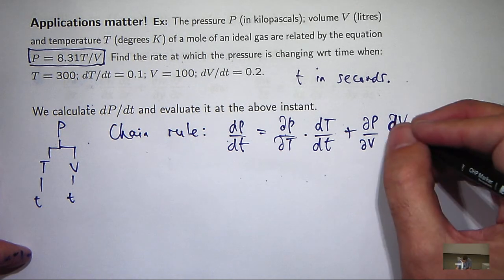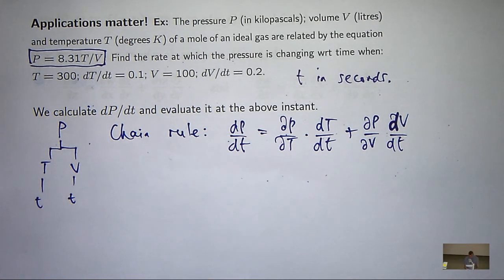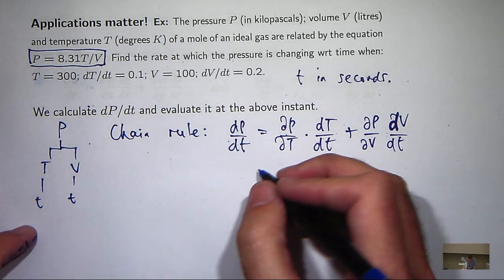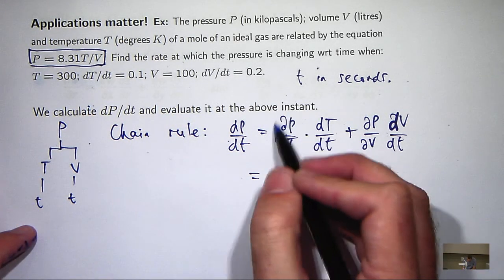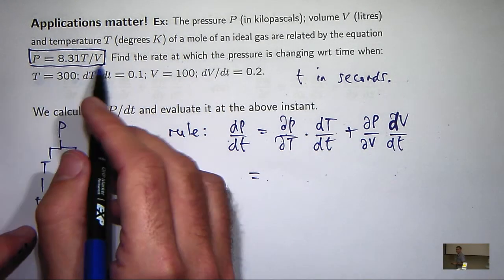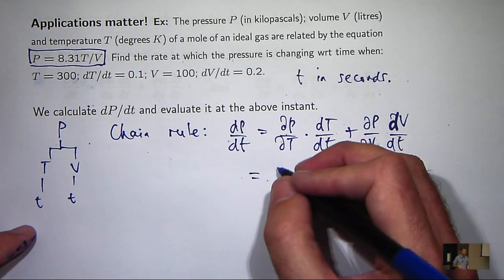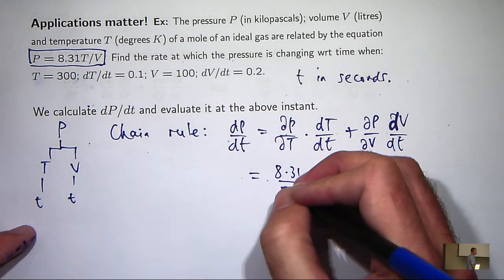Okay, so let's take some derivatives and simplify. We can simplify this and this. So if we go back to our original equation and differentiate to find the partials, we're going to get 8.31 over big V. Now, we don't know what this is in general, so I just have to leave it.